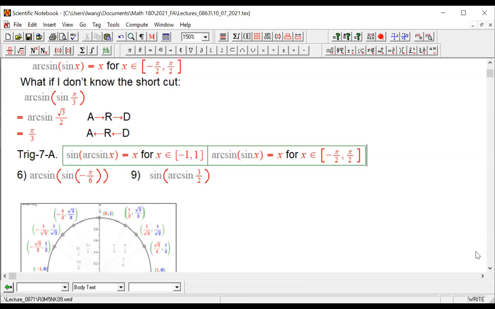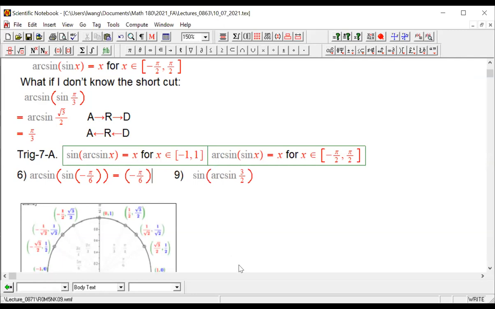The answer would be negative pi over 6. That's right.